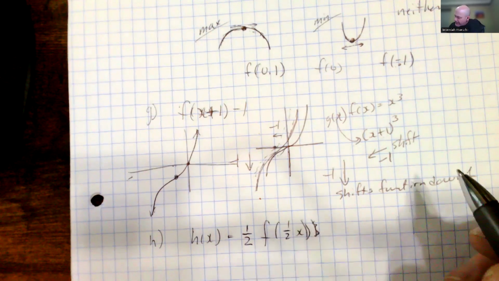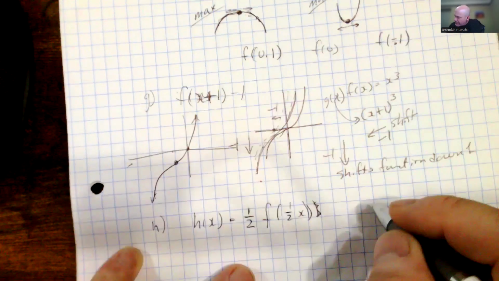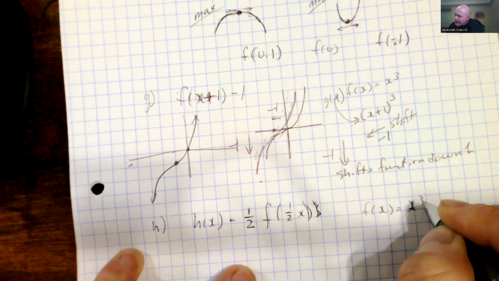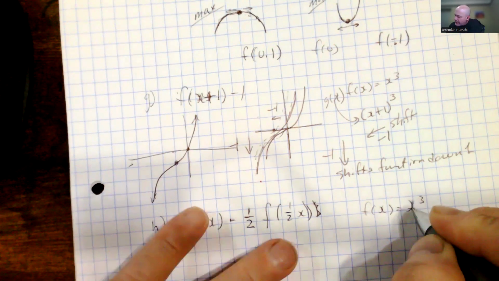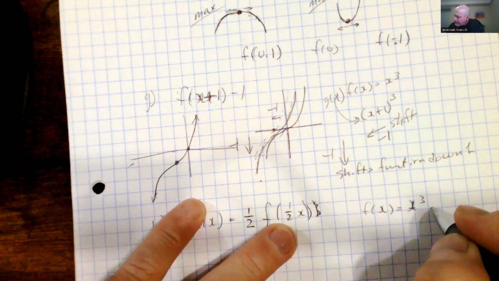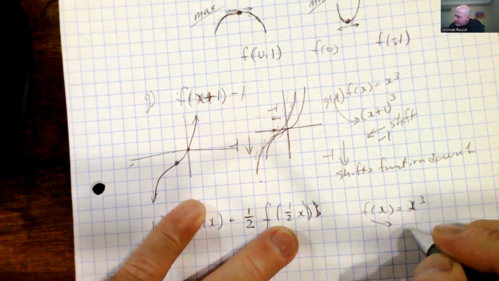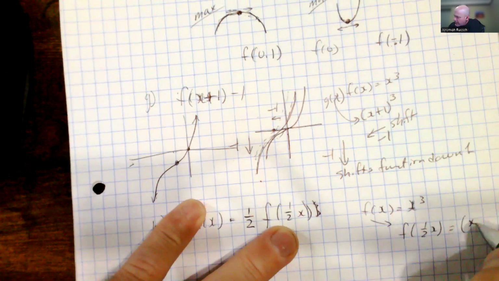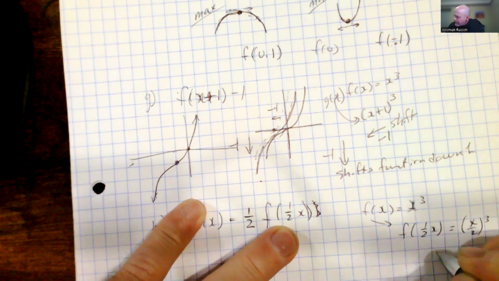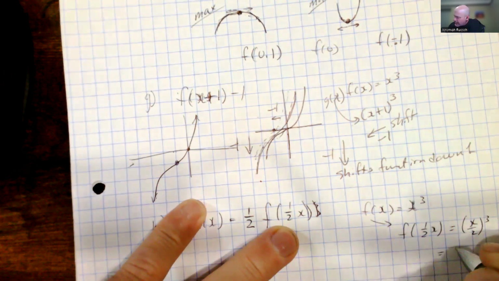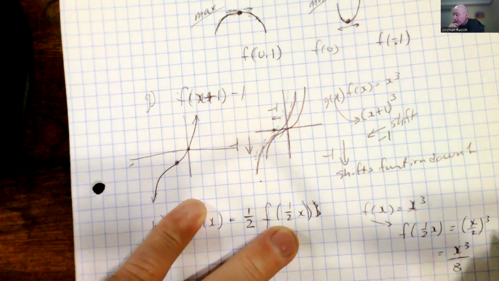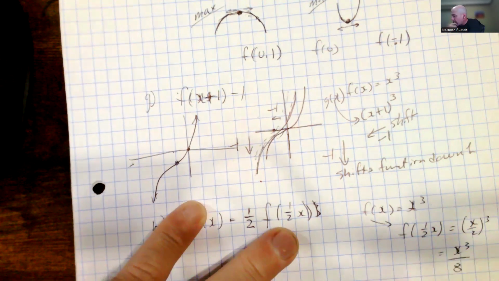So f of x is equal to x cubed. I'm replacing x with 1/2 x, so f of 1/2 x is going to equal x over 2 cubed, which is x cubed over 8, because 2 to the third is 8.